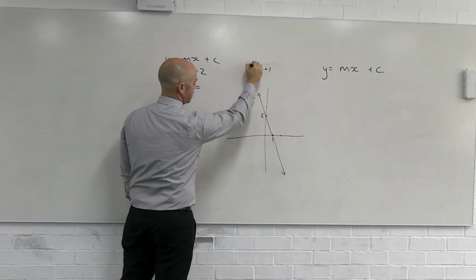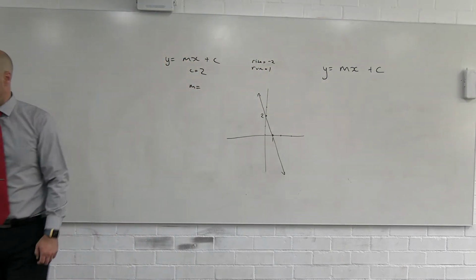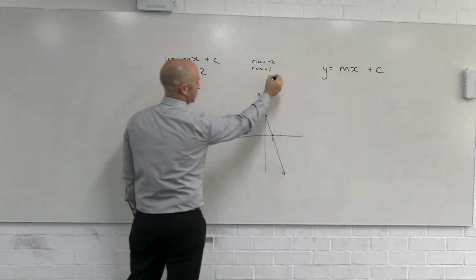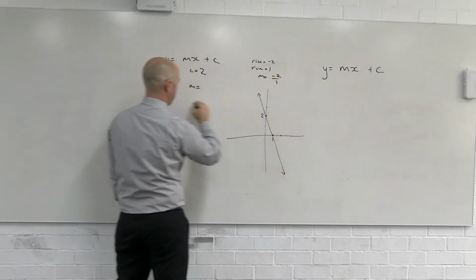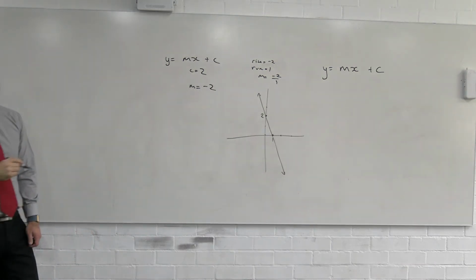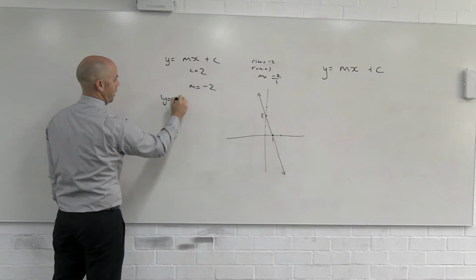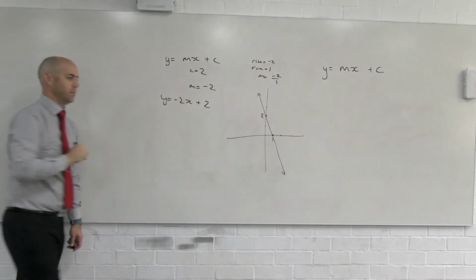The rise is -2 because it goes down 2. Okay, as we run to the right, it goes down 2. So our M equals -2 over 1, -2. So how do we write that in our equation? We just put those two numbers in. Now, -2 goes there, 2 goes up there.